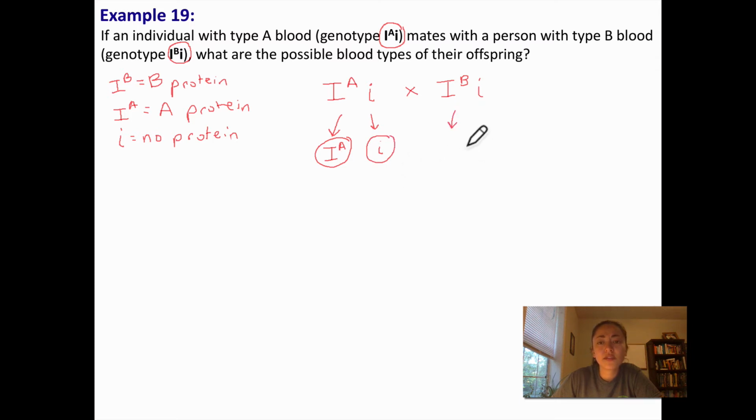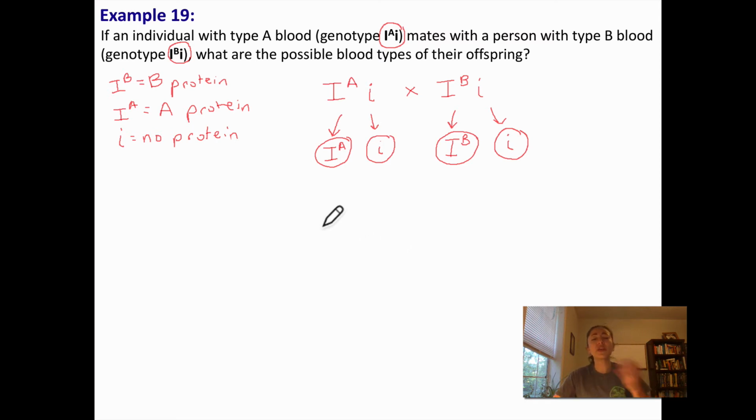This individual could make a gamete with IB. Remember that when an individual makes their sperm or eggs, each sperm or egg only gets one allele from the two possible alleles that the parent has. So notice each gamete only has one copy of the gene inside of them.